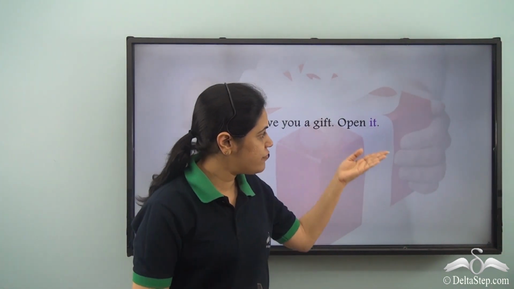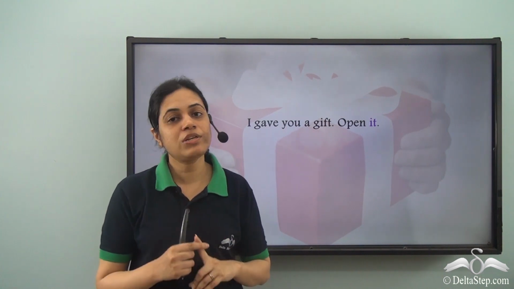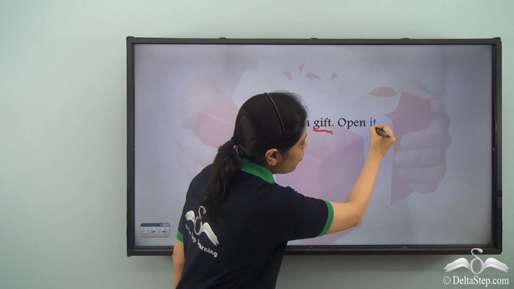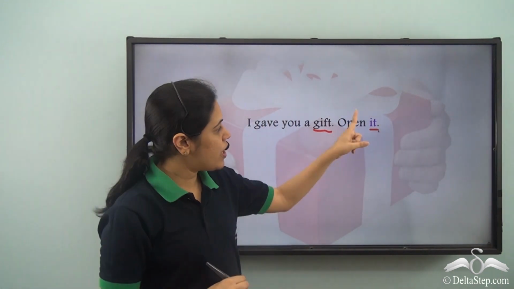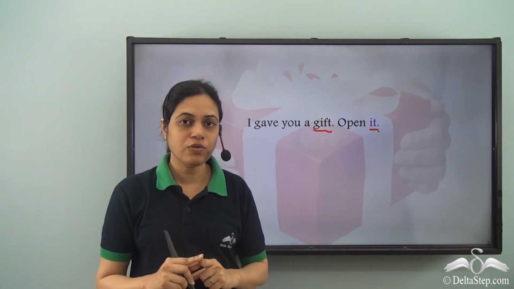I gave you a gift, open it. So the first thing that we need to see is what is repeated in the two sentences. I gave you a gift, open it. So it refers to the gift. So I need to replace this it by a relative pronoun.